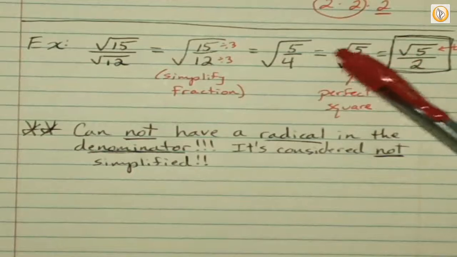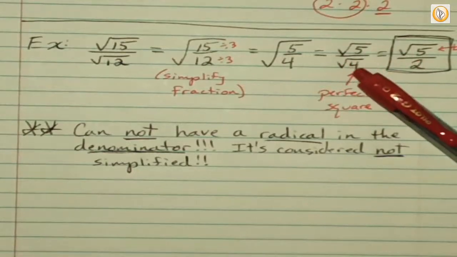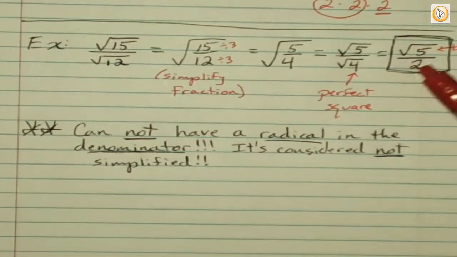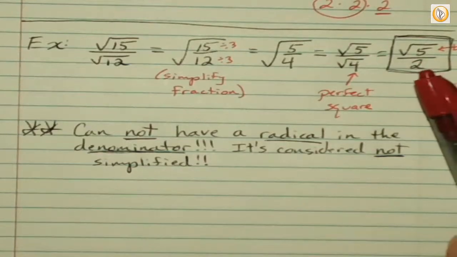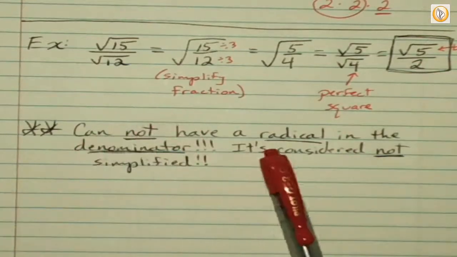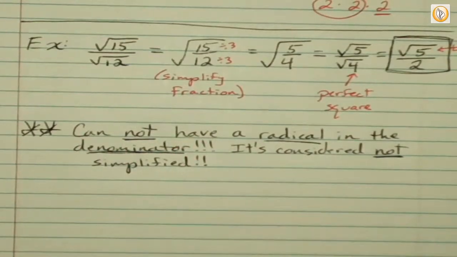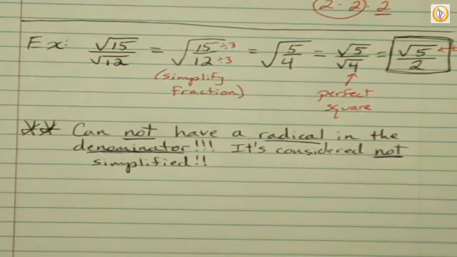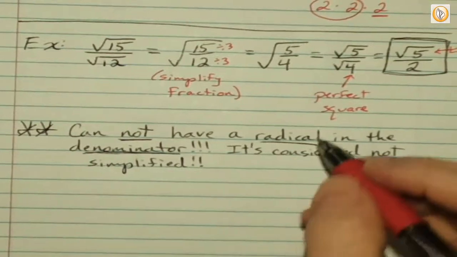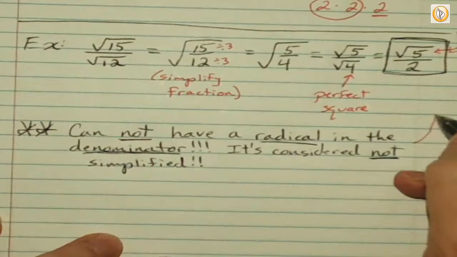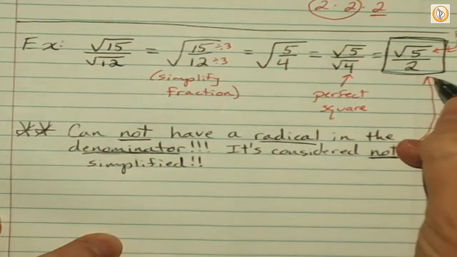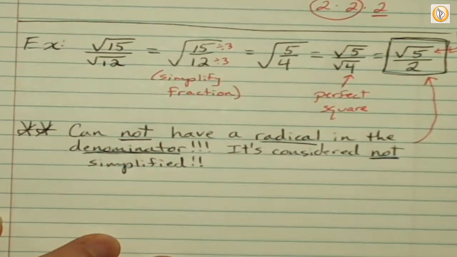Like, for example, right here. This is not simplified. This is simplified. We've got square root of 5 on the bottom. But you can't have a radical in the denominator. I'm not just going to throw a rule at you. Notice there was no radical there in the denominator.